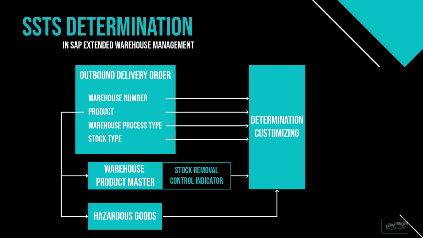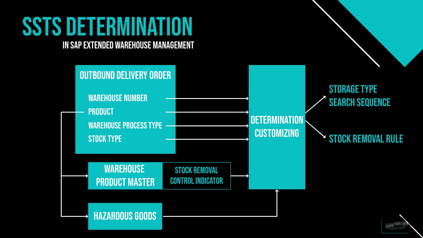And the result of that determination should be a storage type search sequence we want the EWM to use for searching for the actual stock, and the stock removal rule. What exactly that is, we are going to check out in the next episode. And that is how this determination works.